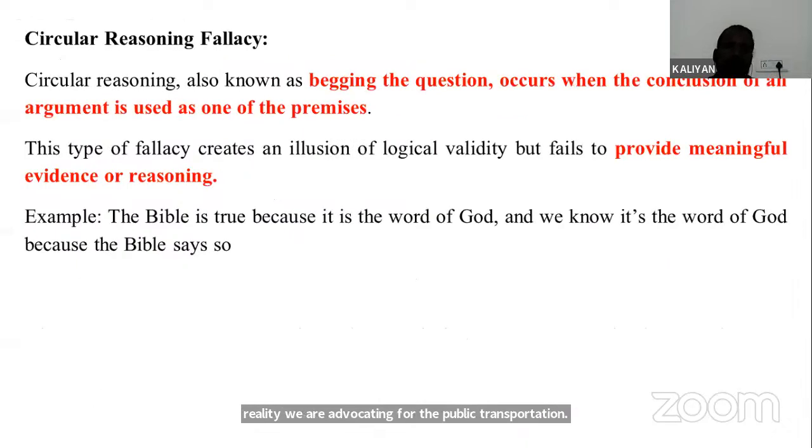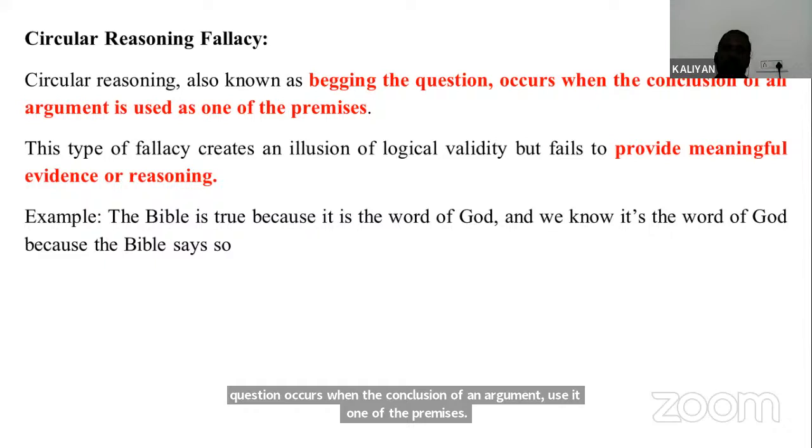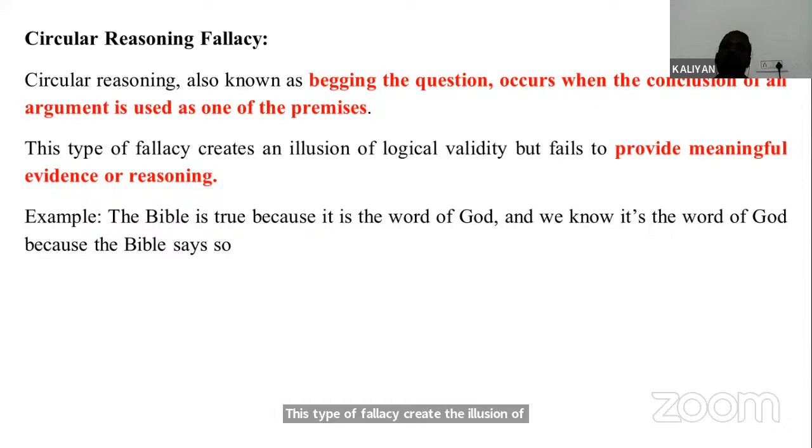And the circular reasoning fallacy. Circular reasoning, also known as begging the question, occurs when the conclusion of an argument is used as one of the premises. This type of fallacy creates the illusion of logical validity but fails to provide meaningful evidence or reasoning.